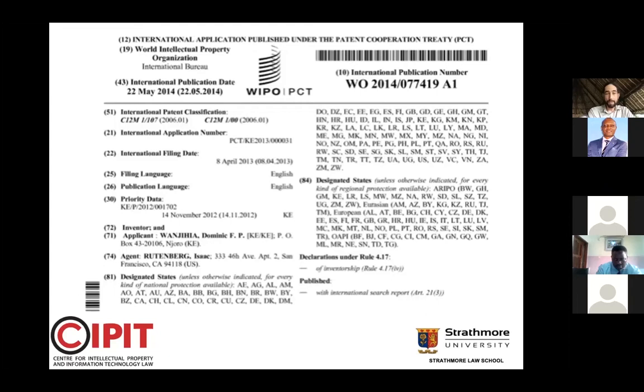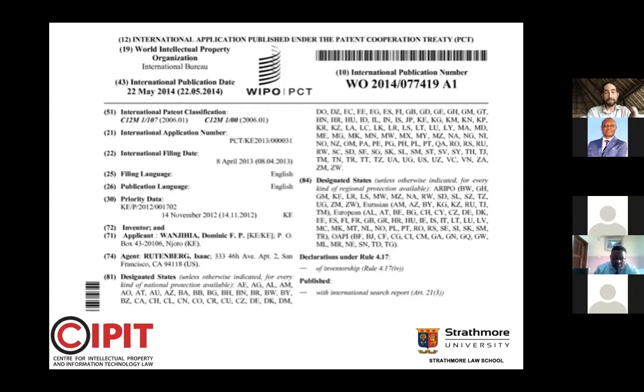KE/P/2012/001702. Okay, that's the priority application. And so this PCT application, which you can see a little bit higher up, the filing date, which is under number 22, is in 2013, the 8th of April 2013. That's the filing date. That's when we went to the PCT application office and gave this application to the PCT.